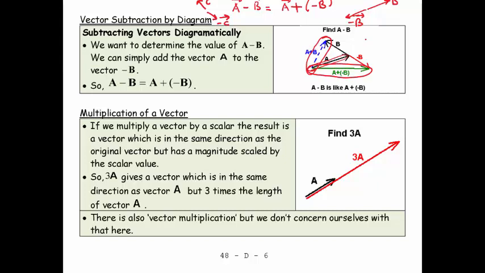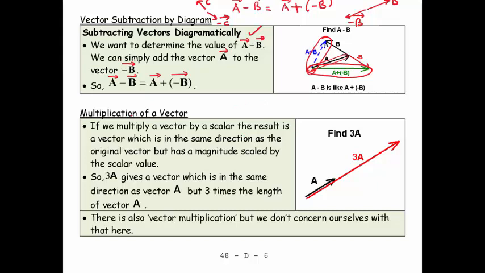Subtracting vectors diagrammatically, we want to determine the value of vector A minus vector B. We simply add vector A to the vector minus B. So vector A minus vector B is the same as vector A plus vector minus B.